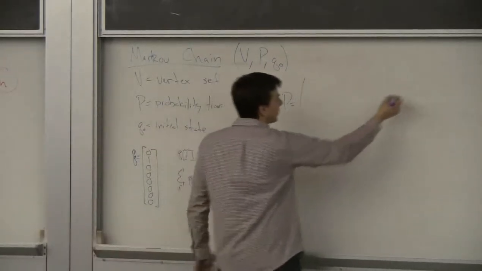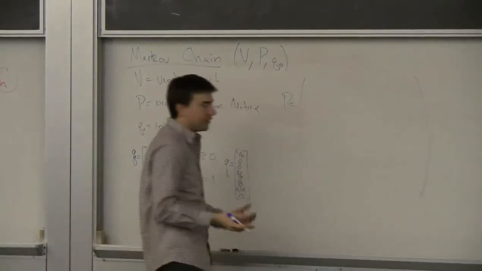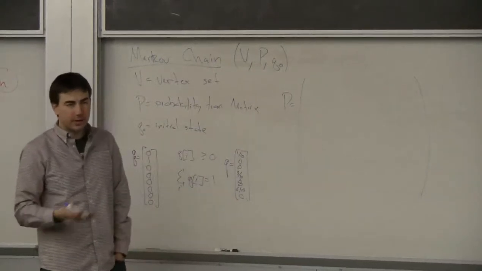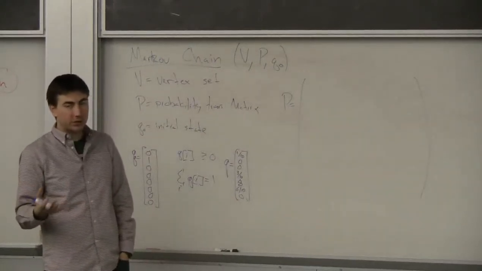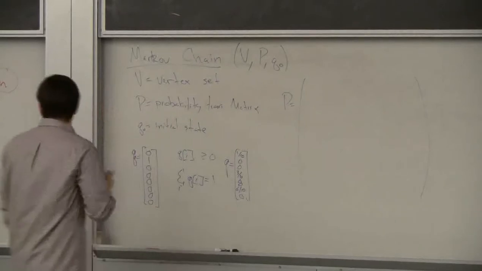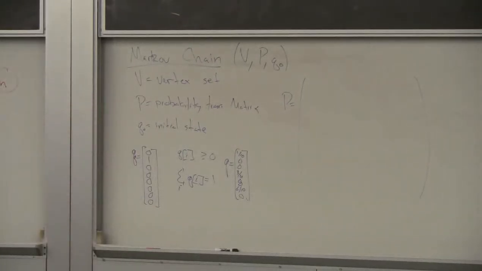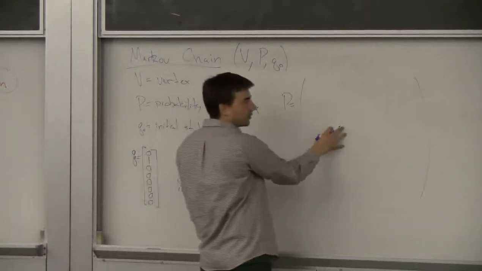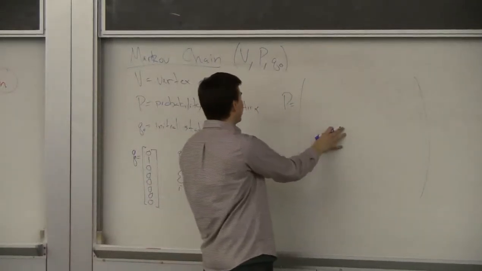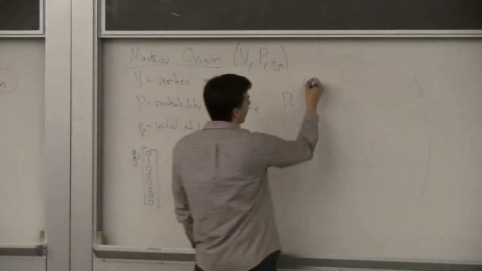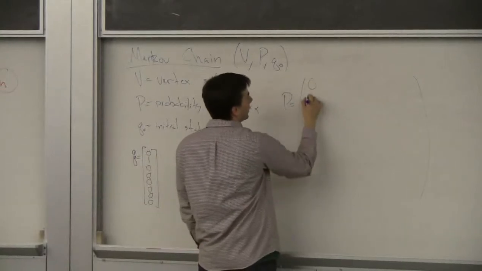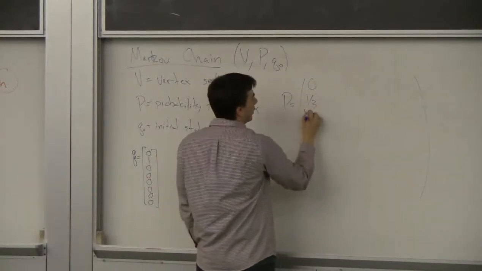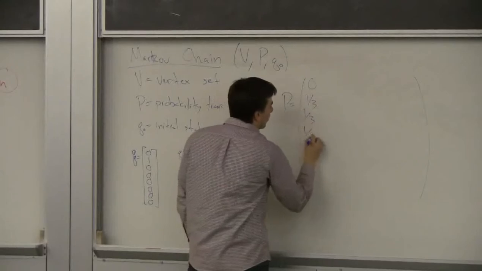Okay, so this is going to be a big matrix, and it's going to be derived, typically, from the adjacency matrix of the graph, right? So I have this adjacency matrix, and given this, I can define this probability transition matrix. And so if I look at the first column, it's going to be 0, 1/3, 1/3, 1/3, 0, 0.